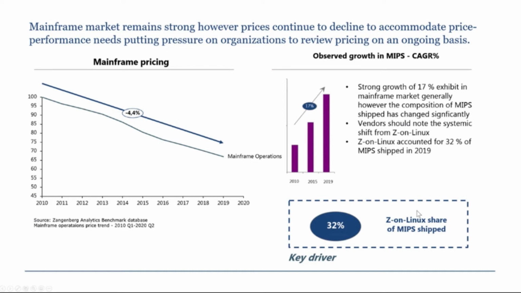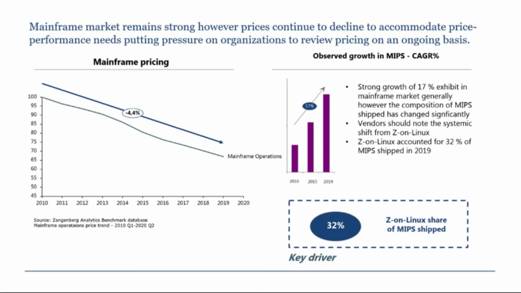You need to understand that a big part of the shipped MIPS are actually set on Linux, so they're not actually new in that sense. And of course the benefits for the clients moving in this direction, which is a trend we generally see with quite a few of the big banks who need to consider the price performance aspect of this.